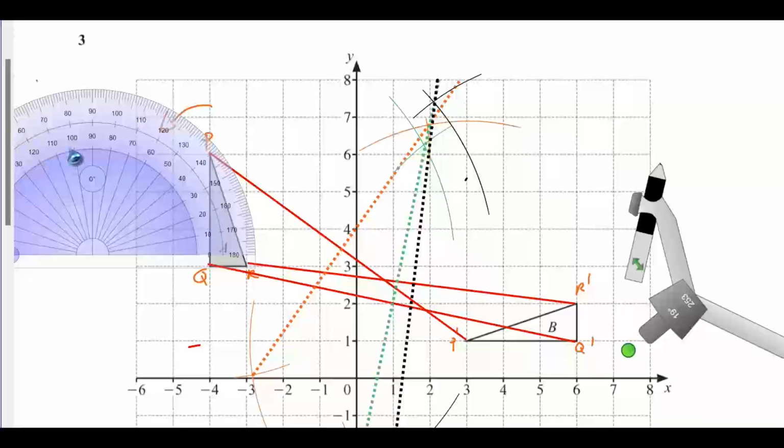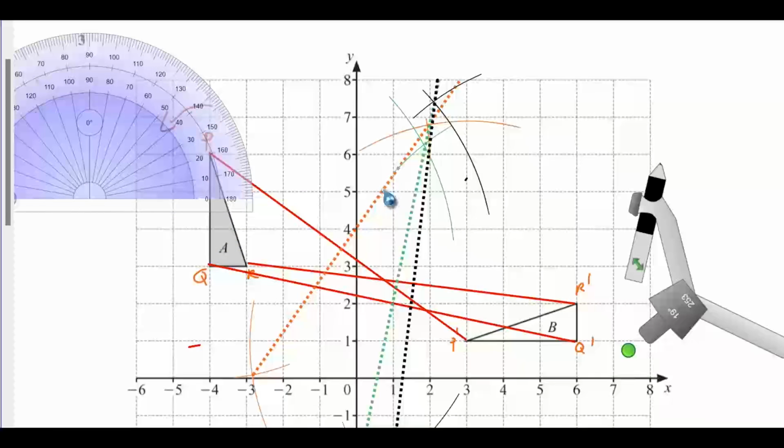Now I've bisected the three lines and used different colors for the arcs and the corresponding perpendicular bisectors. That is what I have here, and you can see that they all meet at this point here. So that is the center of rotation.